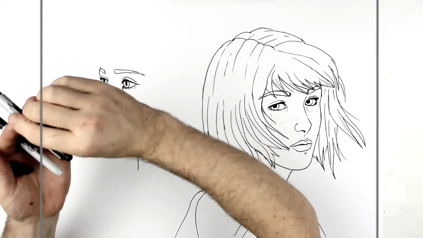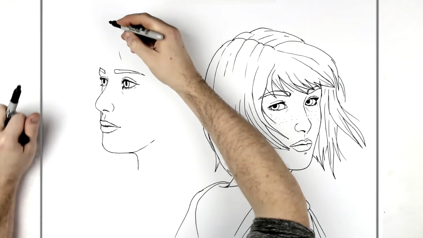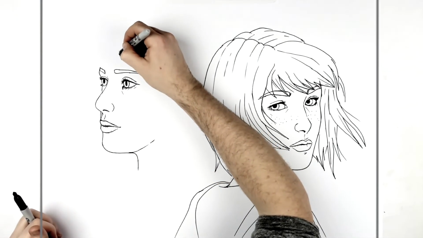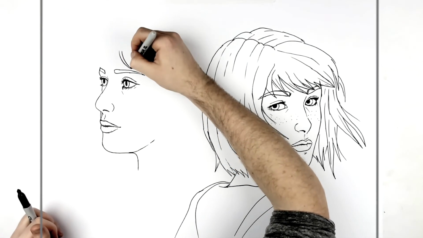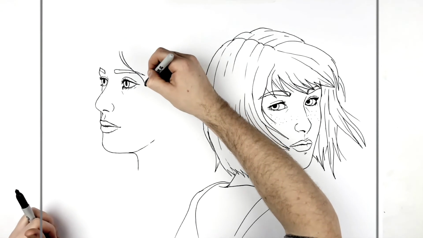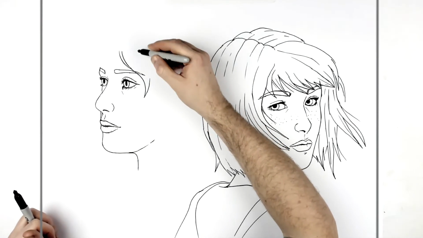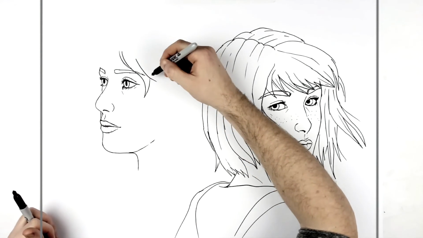So her hair comes out from underneath her hat, right? So on this side, say, it comes out this way. Like so, back up. More lines coming out from under the hat here.